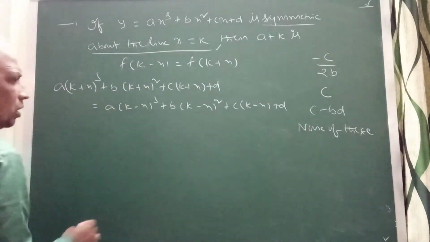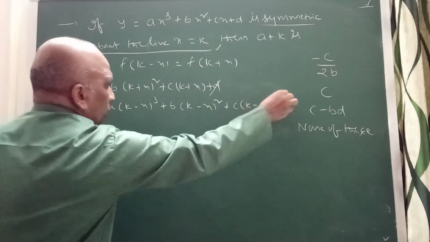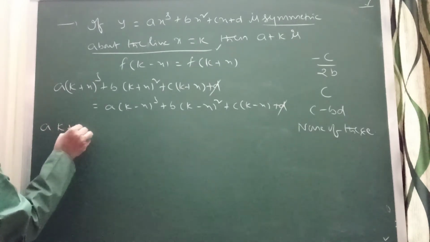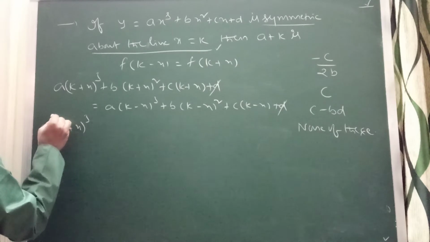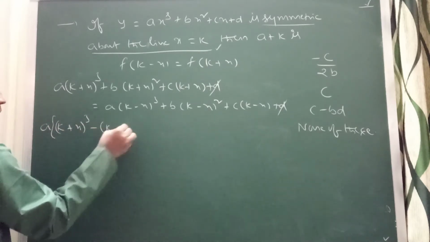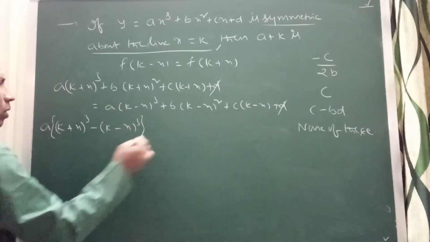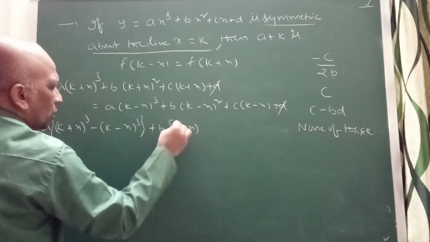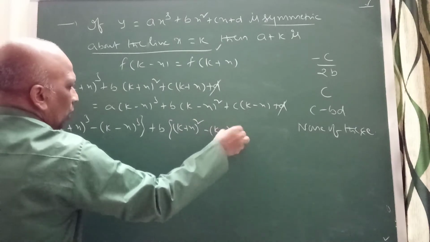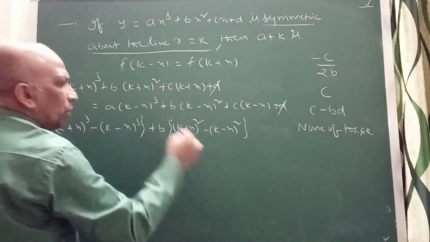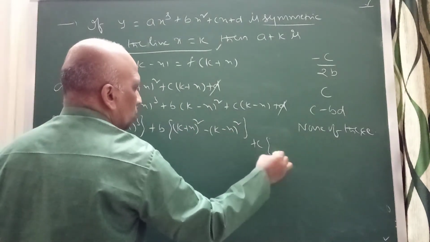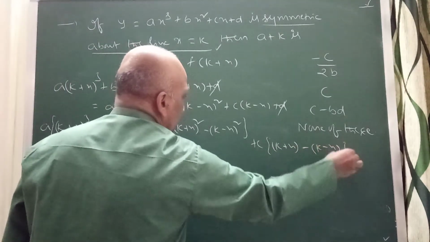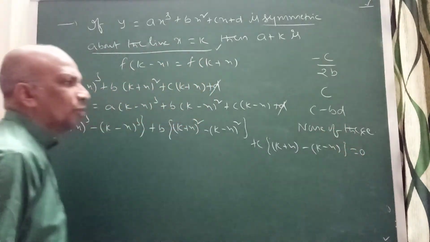If I simplify this, d I can eliminate here. Transferring to one side, a into k plus x whole cube minus k minus x whole cube, plus b into k plus x whole square minus k minus x whole square, plus c into k plus x minus k minus x, which is equal to 0.